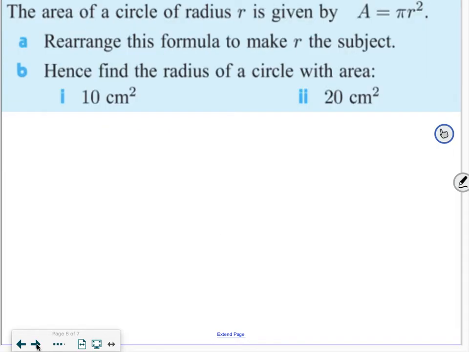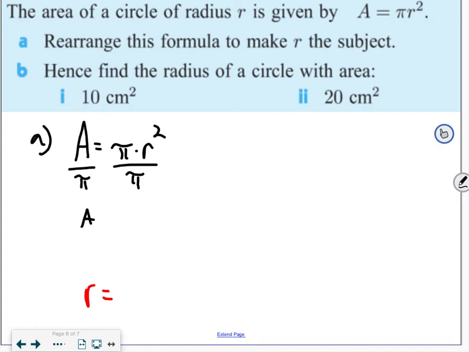Last example here. The area of a circle of radius r is given by pi r squared. Rearrange this formula to make r the subject. So again, I have A is equal to pi times r squared. Since my goal is to have r by itself as the subject, first I'm going to divide both sides by pi.